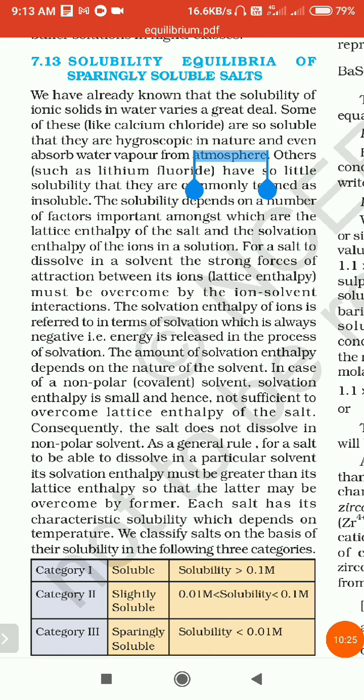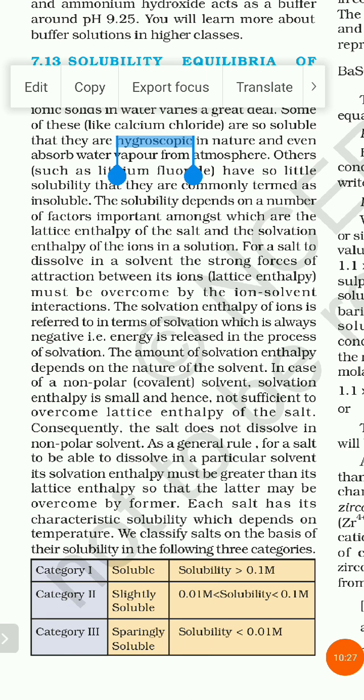That means calcium chloride, for example. Immediately they will absorb moisture from the atmosphere, that is, water vapor will be absorbed. That is called hygroscopic nature.